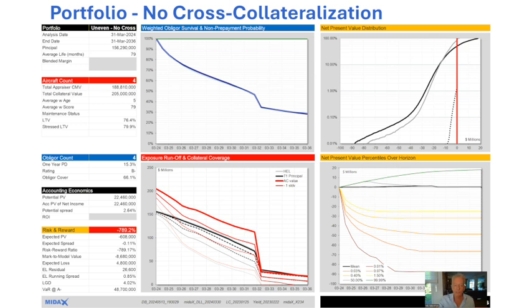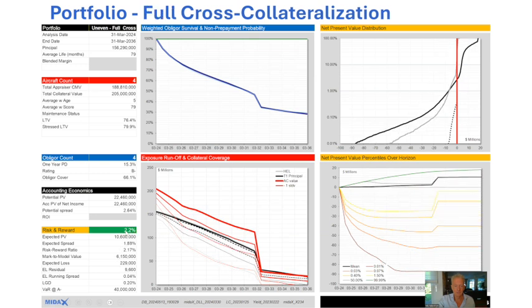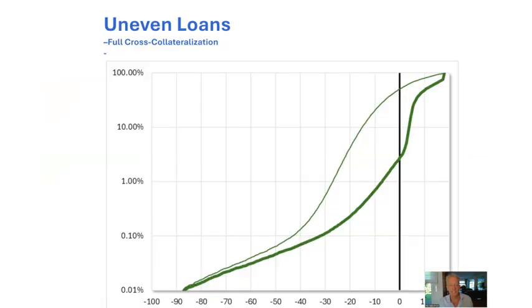But if I do cross-collateralization, you can see that the risk-reward ratio goes from a negative number to a very, very favorable risk-reward ratio. So the effect here is very, very strong. You can see here for the uneven loans that the shift from the uncrossed portfolio to the crossed portfolio is dramatic.